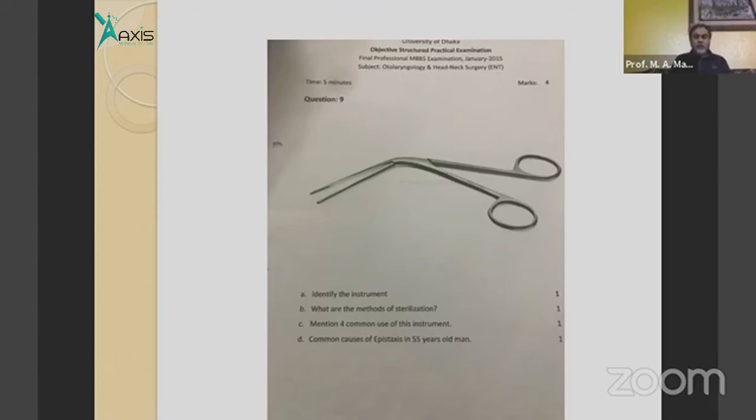Okay. Now, common causes of epistaxis in 55-year-old men. The classical one, as you know, most of the causes of epistaxis are idiopathic. We don't know really, but here they say it about a 55-year-old man. So you can write hypertension, classical one, hypertension.